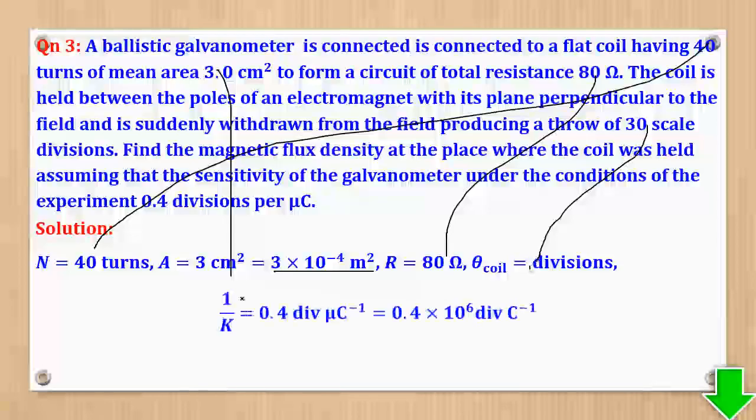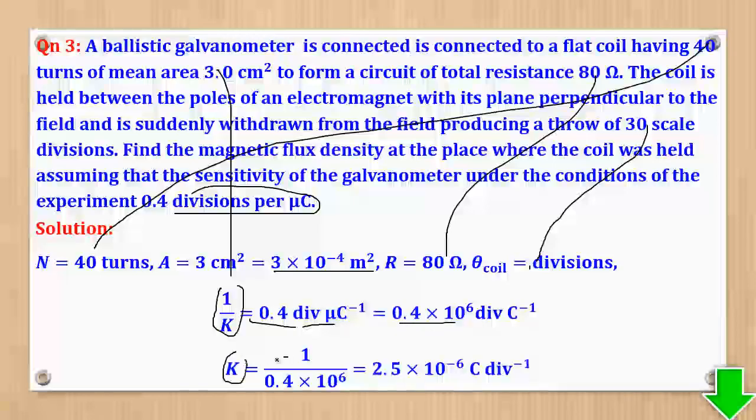And 1 over k, you should know that. Remember I told you it depends on the SI unit. If it was coulomb per division, we would have written k. But now because it is division per coulomb, we write 1 over k. So 1 over k is 0.4 division per coulomb, per microcoulomb. So convert to coulomb. Then you should remember that therefore k will be the reciprocal, which is now this.